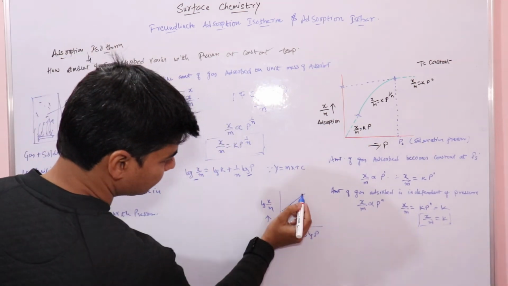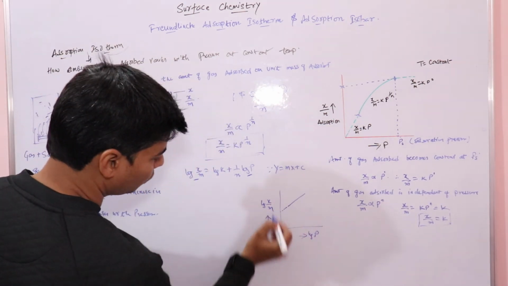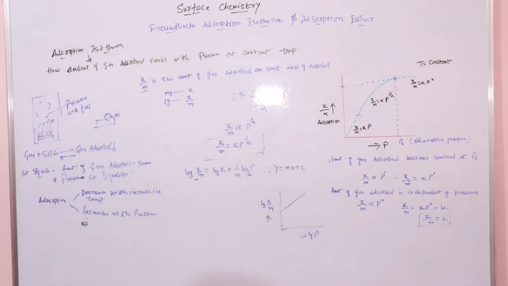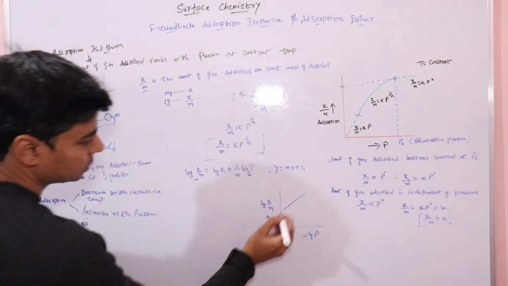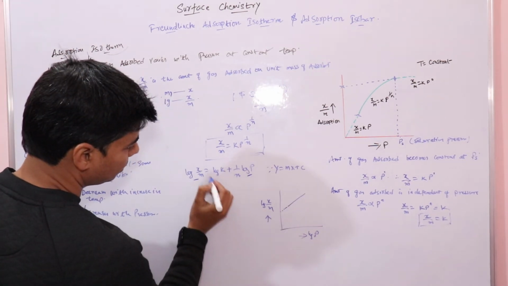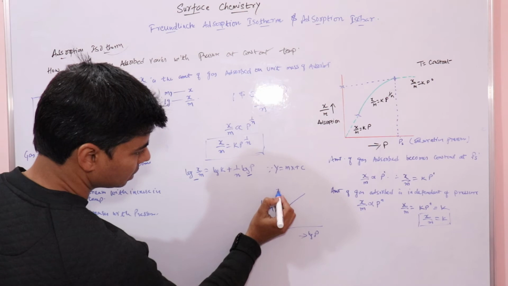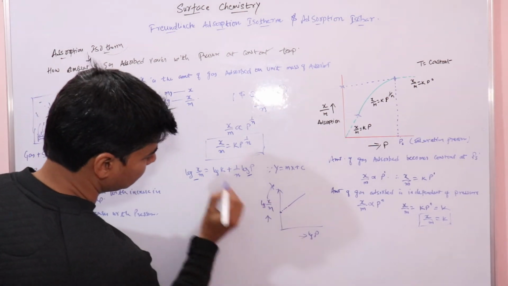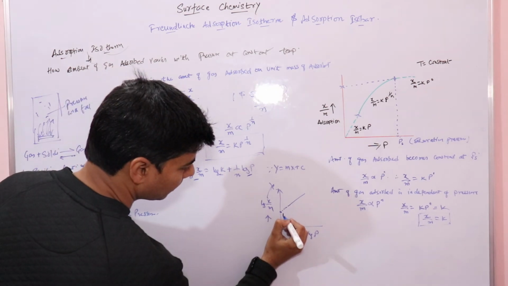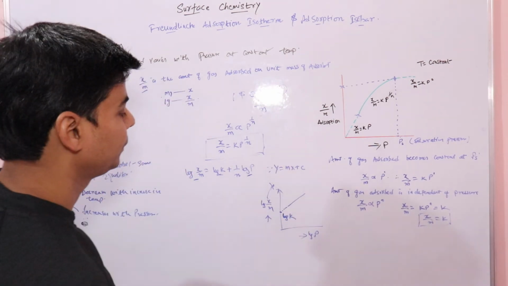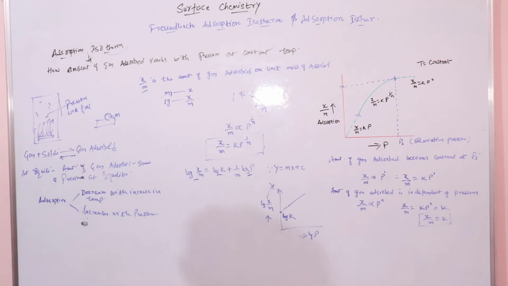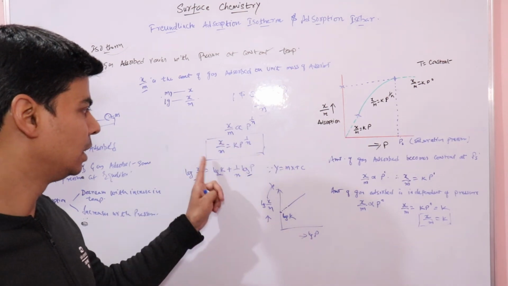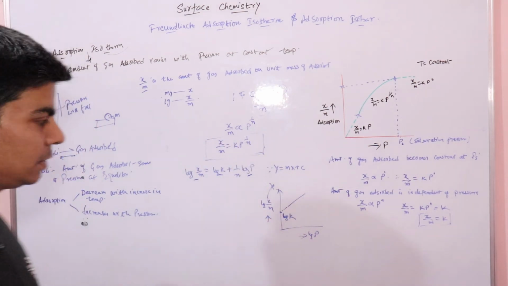This straight line will intercept the y-axis at this point, and this point would be log k. So this is the way you can verify that this relationship is correct, since you get a straight line.